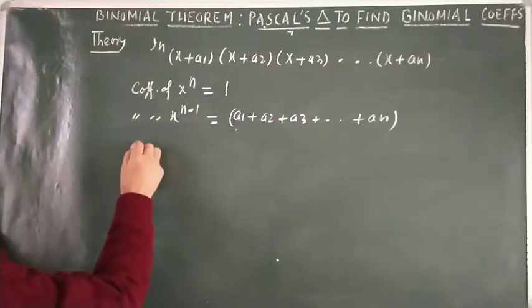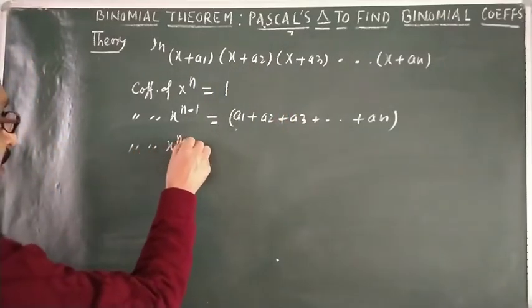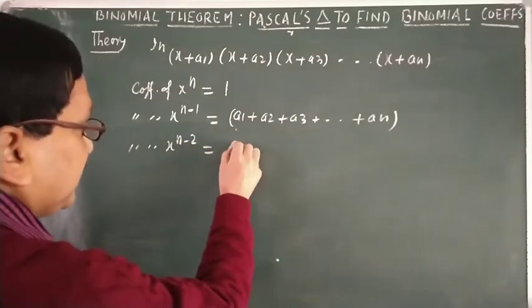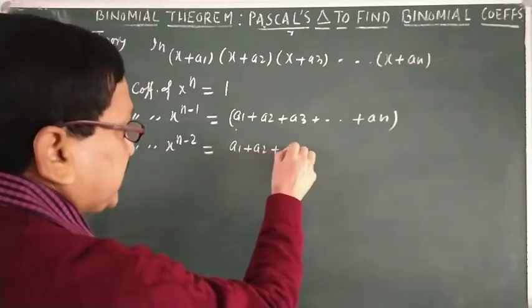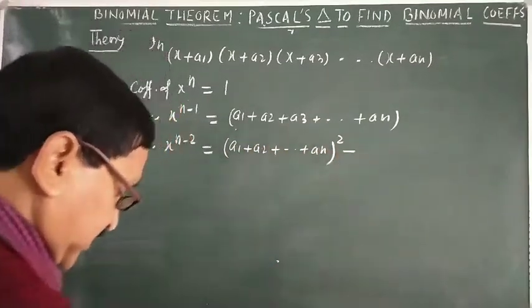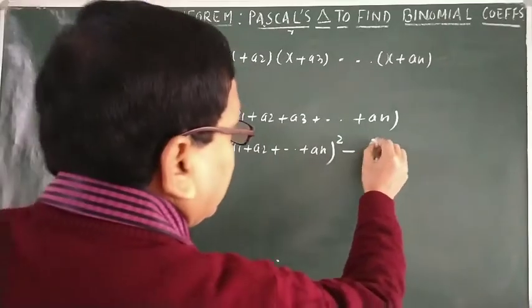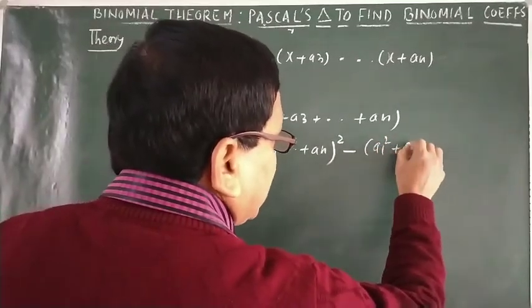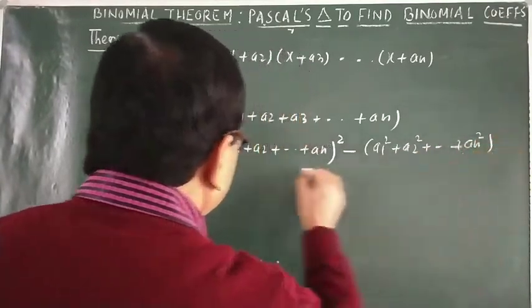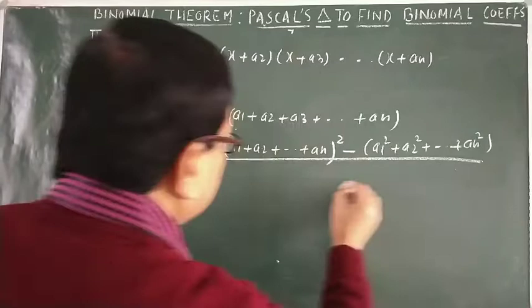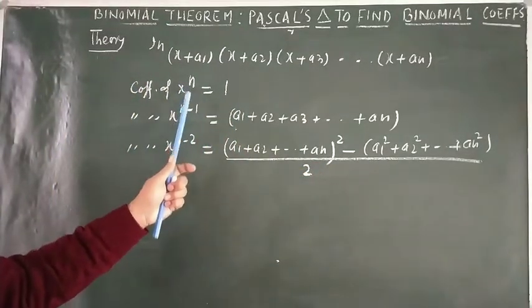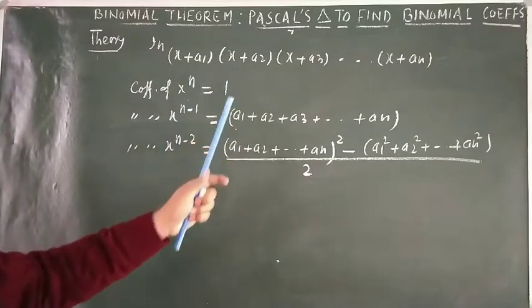After that, the coefficient of x to the power n minus 2: this is (a1 plus a2 plus up to an) whole square minus (a1 square plus a2 square plus up to an square), divided by 2. So all these three will help you to find the coefficient.